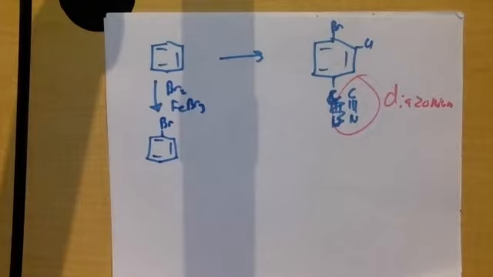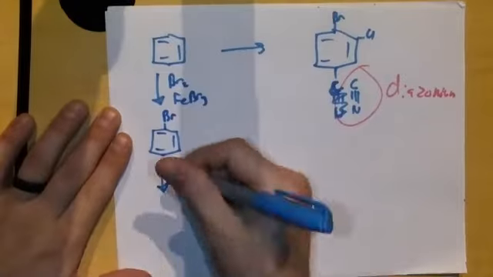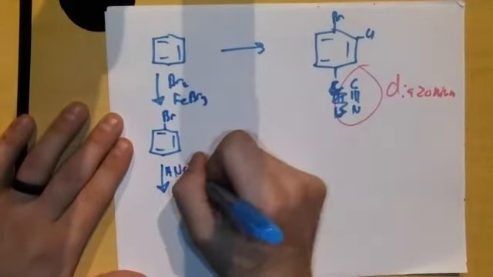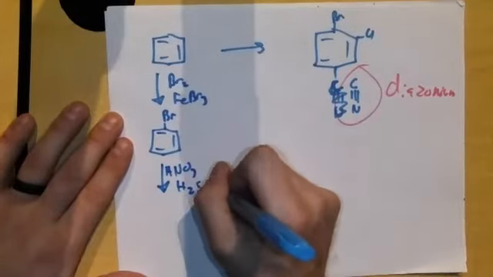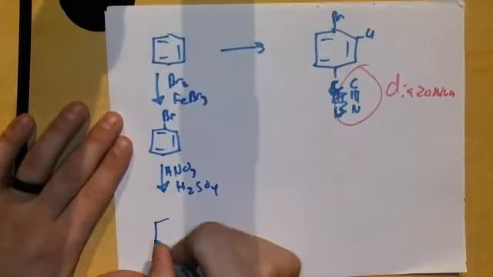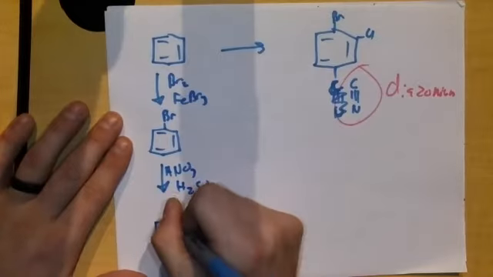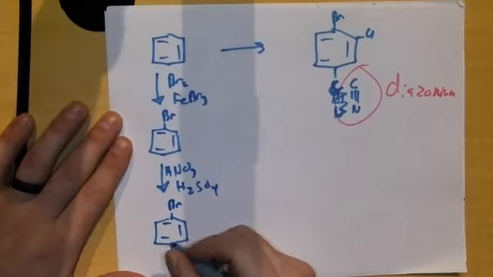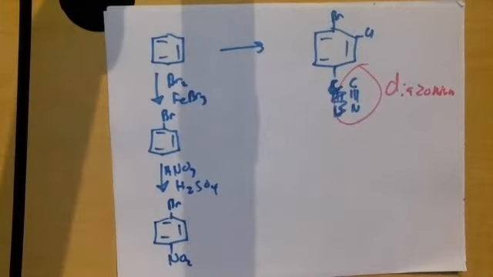Adding a nitro, nitros are pretty big. They're most likely going to want to add para. So HNO3, H2SO4 can get us to this product here.